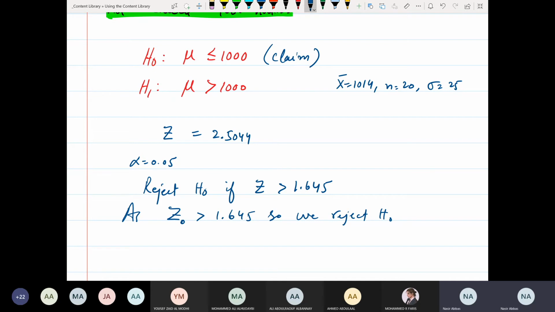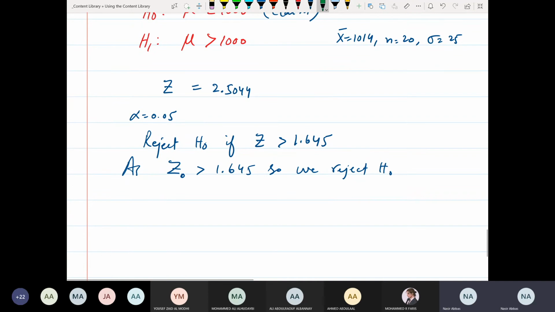Now the difference will come. Now you rejected H0. This is where the difference is. Now your H0 was the claim, so you rejected your claim. So you will say the claim is not true. In the previous question, your H1 was the claim. So the difference was at the final stage.